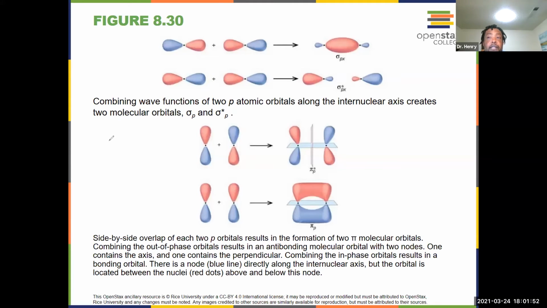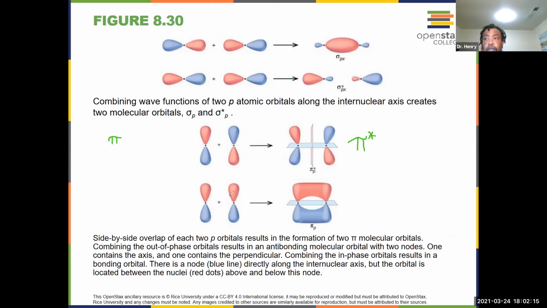Okay, when we talk about the pi, a pi is just when we have two p orbitals right next to each other that are going to be able to merge. If the colors are on opposite ends, these guys are not going to come together and merge. They're going to be pushed apart. So this one is going to be pi star, which is our antibonding.